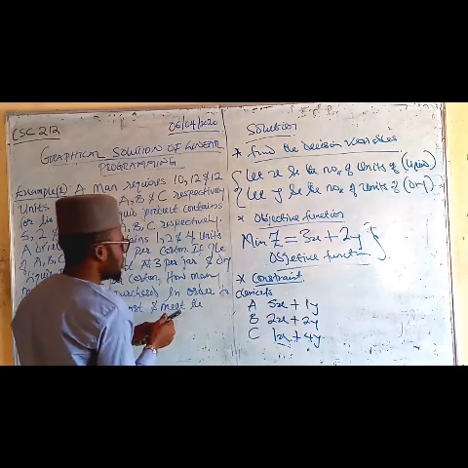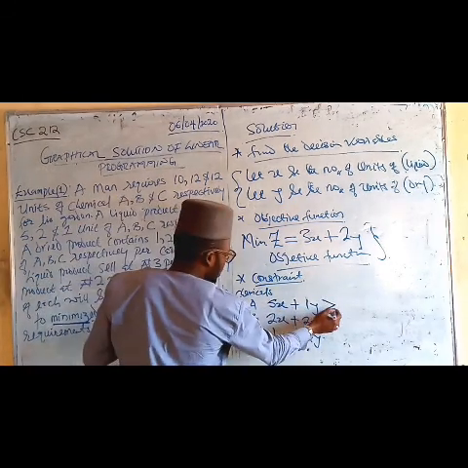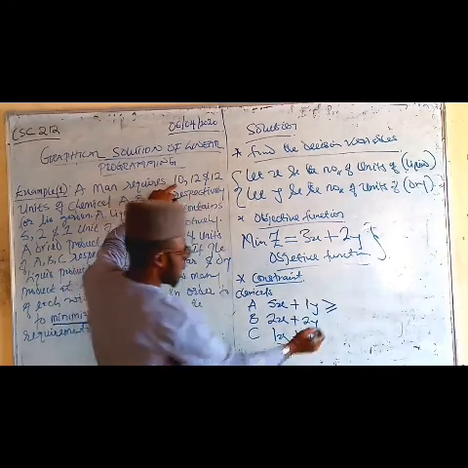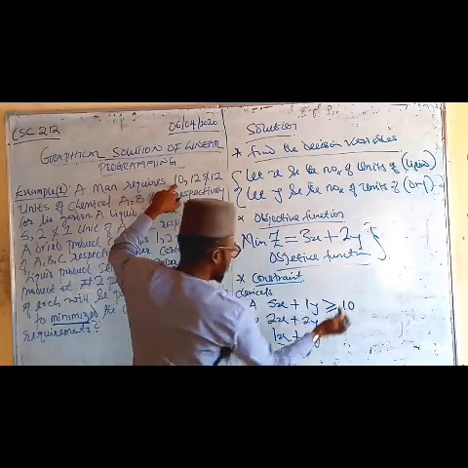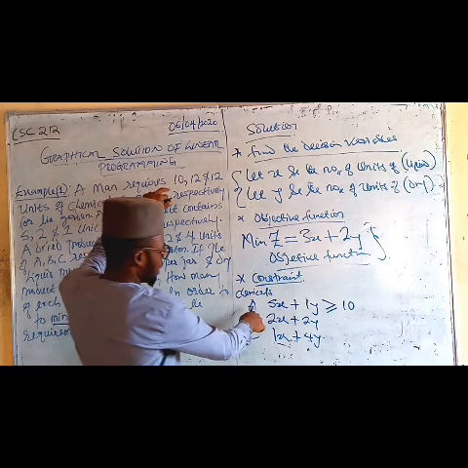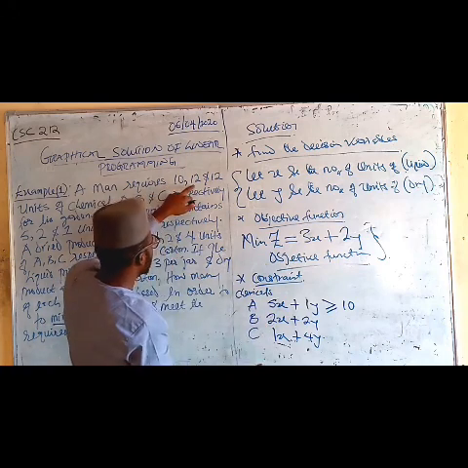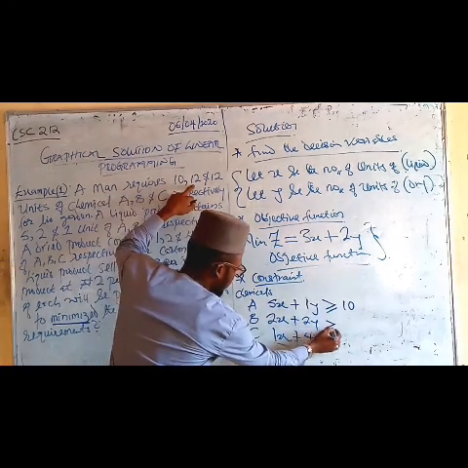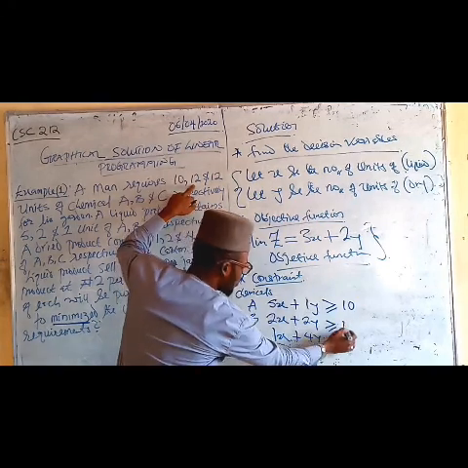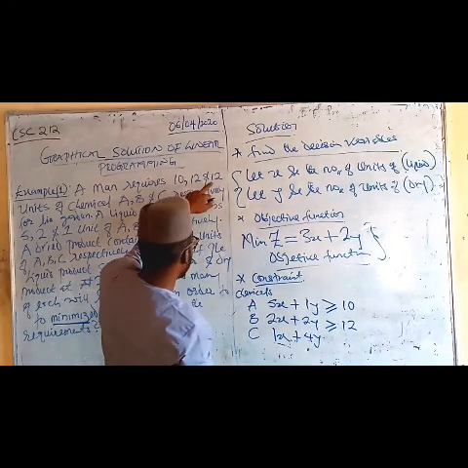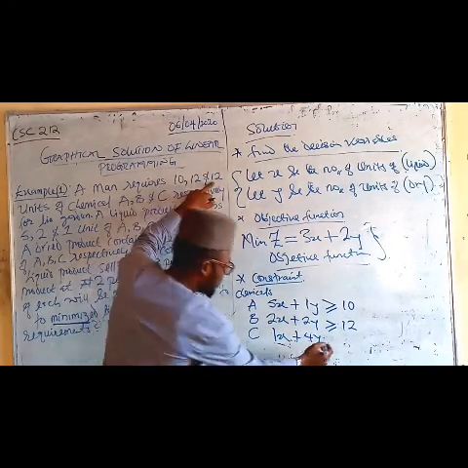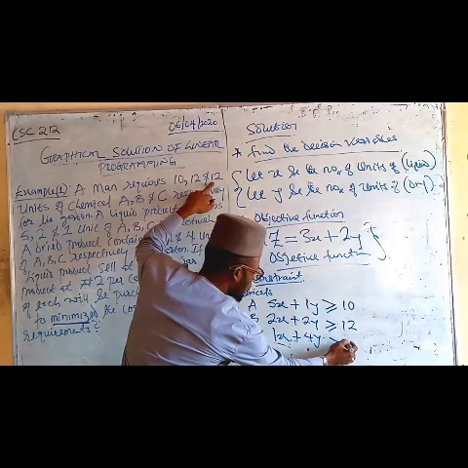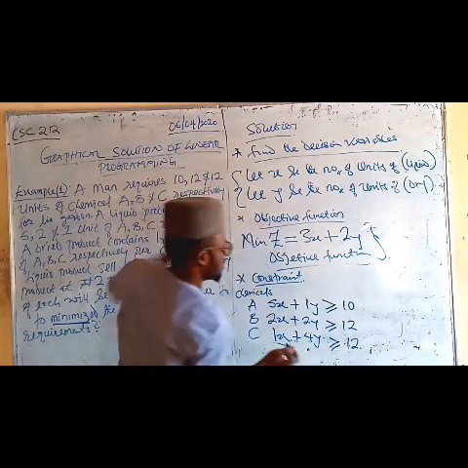Then they must be greater than or equal to 10. This is for chemical A. Then for chemical B, it must be greater than or equal to 12. Then for chemical C, it must be greater than or equal to 12 respectively.